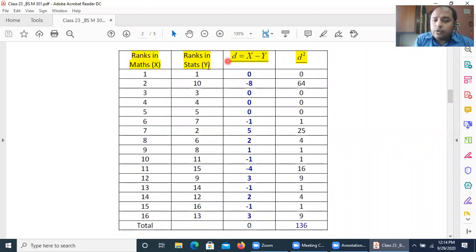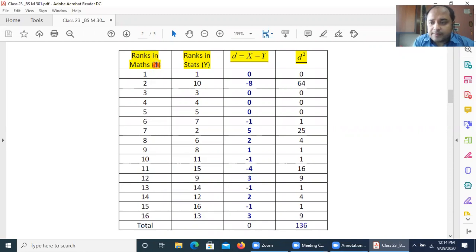Let me discuss the technical issue first of all. I have prepared a chart. Always you have to prepare a chart to calculate. I have tabulated the ranks of mathematics and the ranks of statistics in column 1 and column 2.